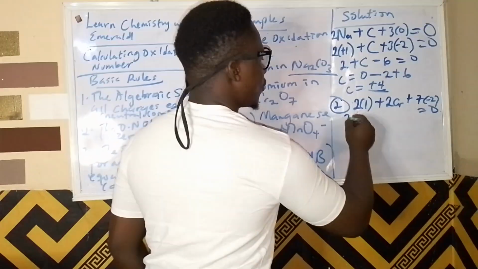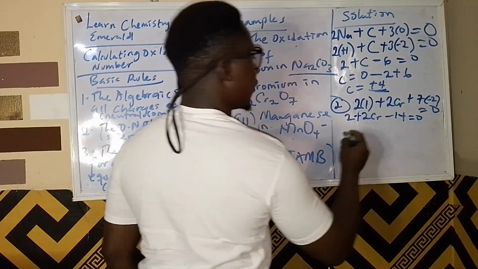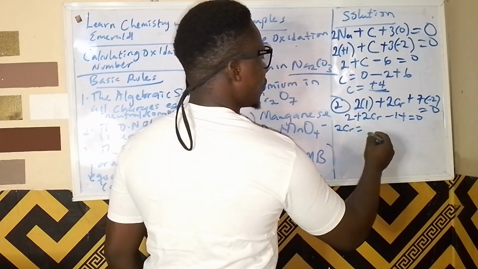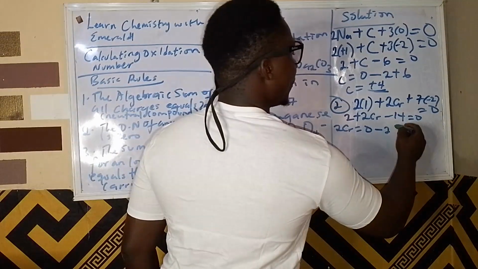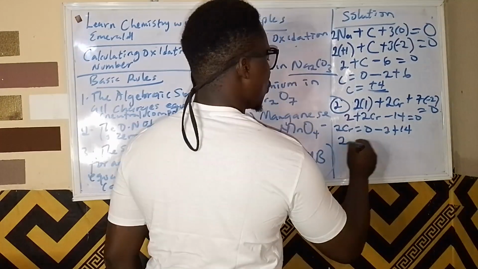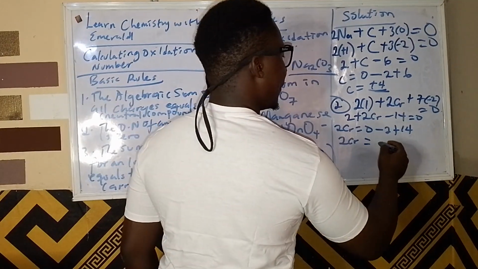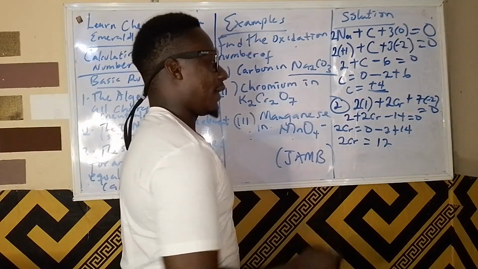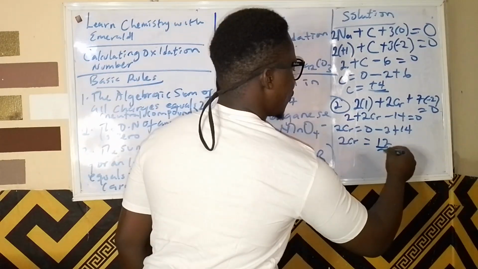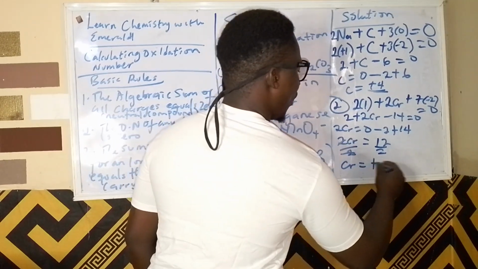So you are going to have 2 plus 2Cr minus 14 is equal to 0. Then 2Cr is equal to 0 minus 2 plus 14. You are going to have 2Cr is equal to 12. Divide everything by 2, then Cr is equal to plus 6.